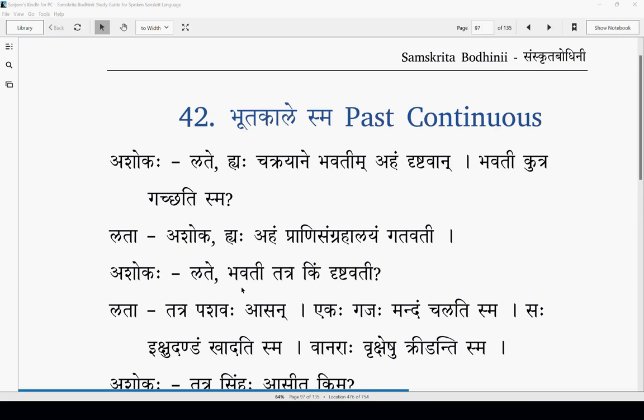Vayaṃ dugdhaṃ pibāmaḥ sma. Is that right? Yes. Pibāmaḥ. Just bring that vartamāna kāla rūpam for that puruṣa and vacanam. So vayaṃ pibāmaḥ, that is normal vartamāna kāla. Then you just add sma to make it 'were doing something'.